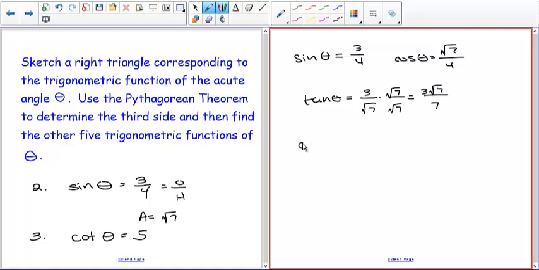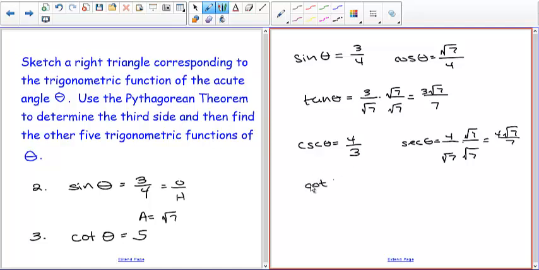The cosecant is 4/3. Take the reciprocal of those. Instead of adjacent over opposite over hypotenuse, it's hypotenuse over opposite. The secant of theta is going to be 4 divided by the square root of 7, which again we multiply and divide by the square root part, so you get 4 times the square root of 7 over 7.